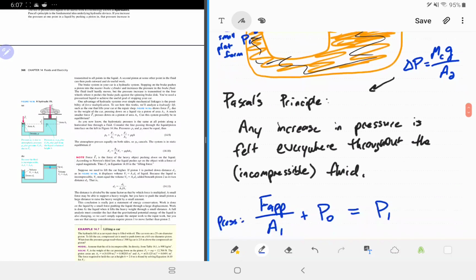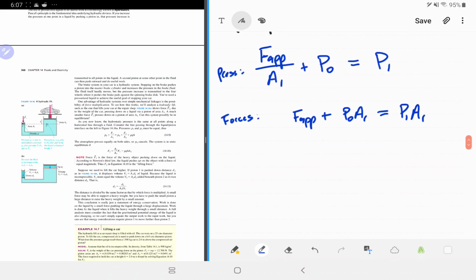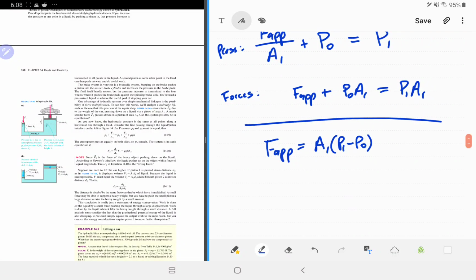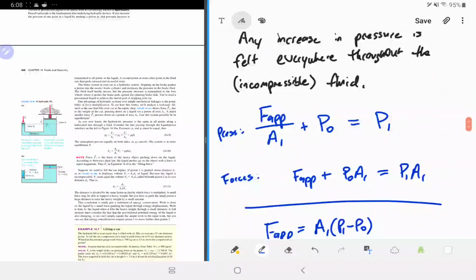And then what's pushing up is P1, the pressure on the other side, times A1 to turn it into a force. So to solve for F applied, it should be equal to A1 times P1 minus P naught, and that's exactly the delta P we have right here. So I can go ahead and plug in m_c g over A2.